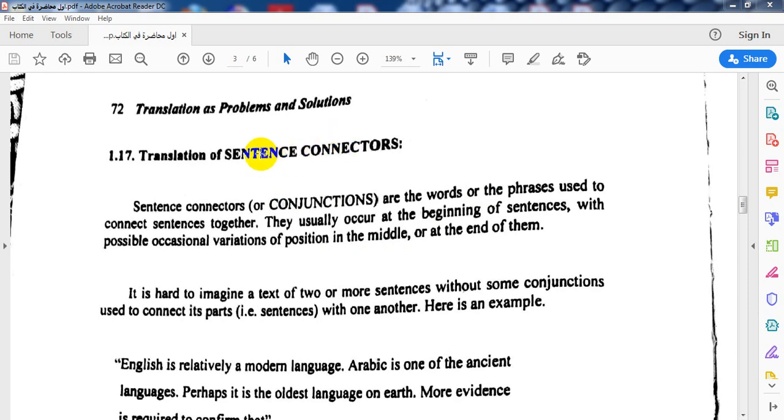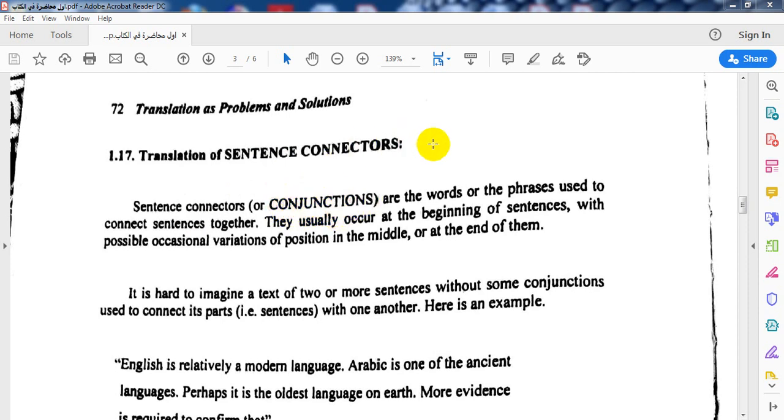Translation of sentence connectors. What are sentence connectors? They are words or phrases used to connect sentences together. This is the very simple definition for connectors, or sometimes they call them conjunctions.